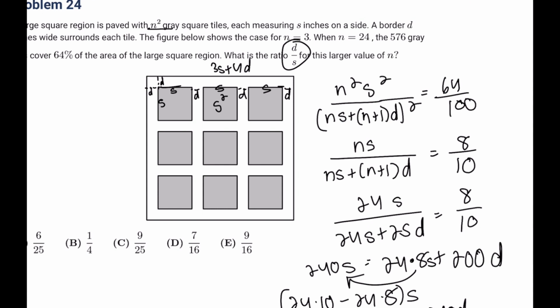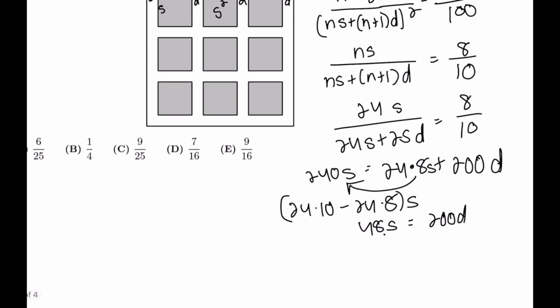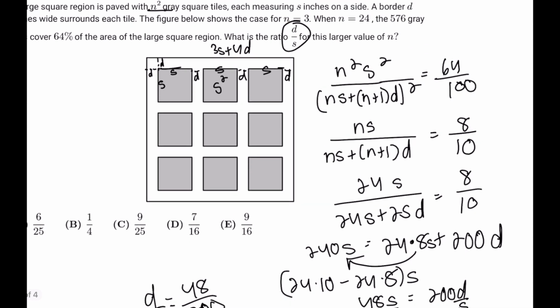And we want to find d over s. So we can divide by s on both sides to get 48 equals 200 d over s, which means d over s is equal to 48 over 200. So 48 over 200 is our final answer.